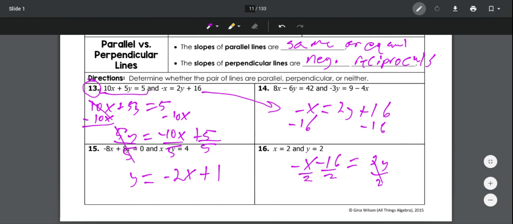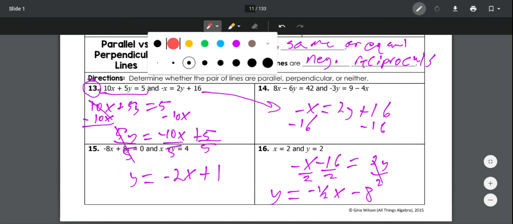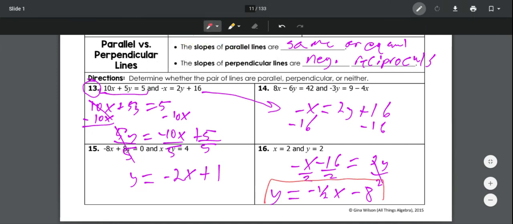And I'm going to flip this around because you can just flip this around. So y equals negative 1/2 x minus 8. So these are our two equations that we're comparing. And we want to compare the slopes. So the slope for this one is negative 2. The slope for this equation is negative 1/2.